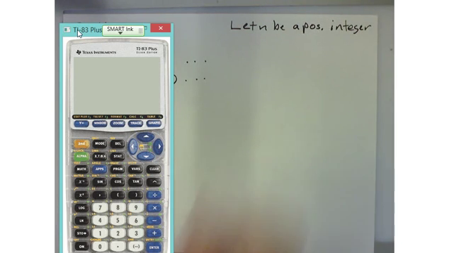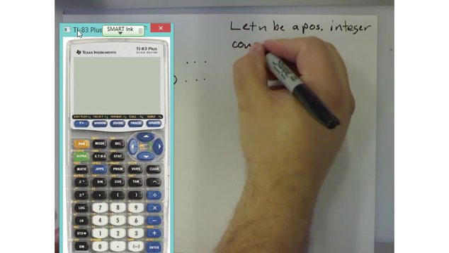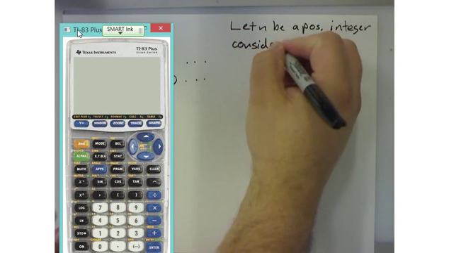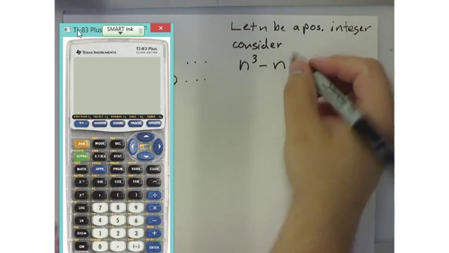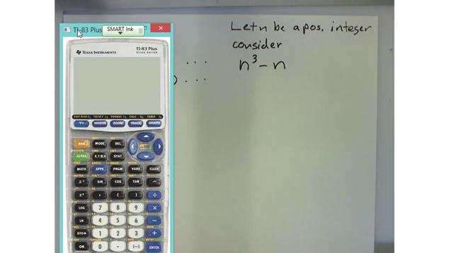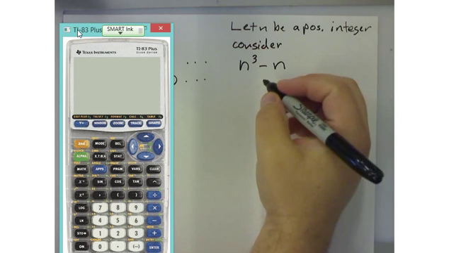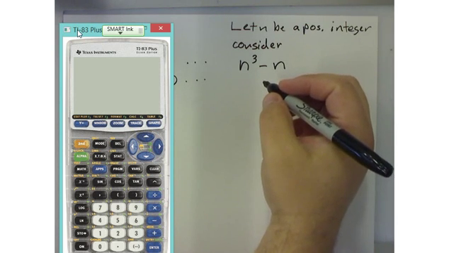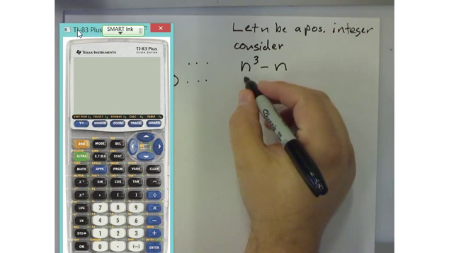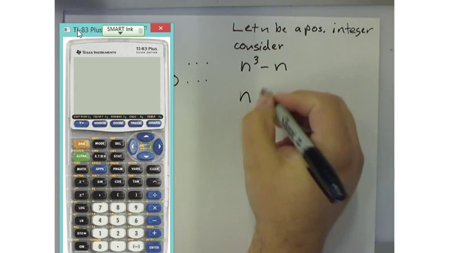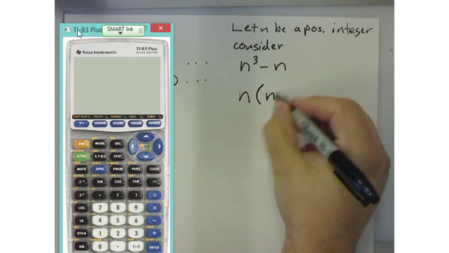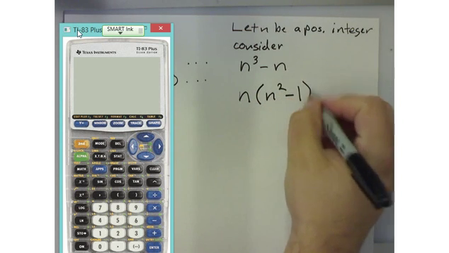So consider n cubed minus n. Okay? Consider n cubed minus n. Well, how could we write that? We can factor an n out, right? So we're going to factor an n out, and I get n times n squared minus 1, right?